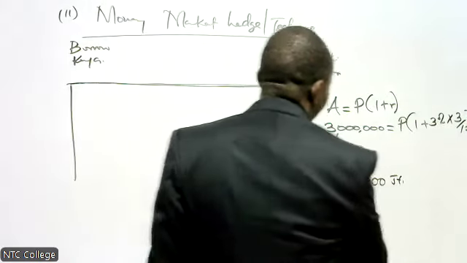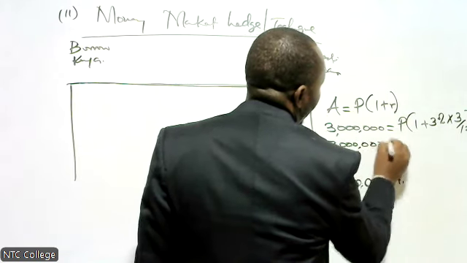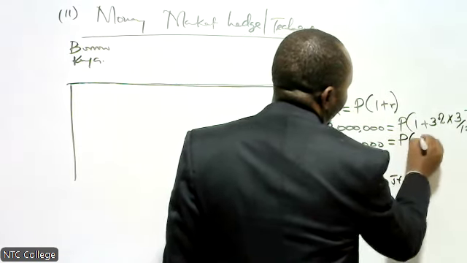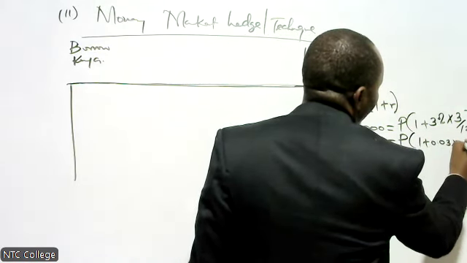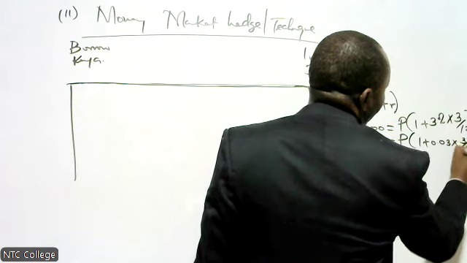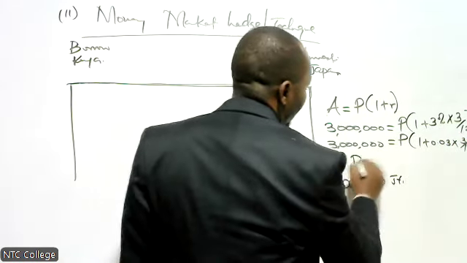Therefore, you come here and say 3 million is equal to principal, which you don't know, into 1 plus 0.03 times 3 all over 12. So this means that P is equal to what?